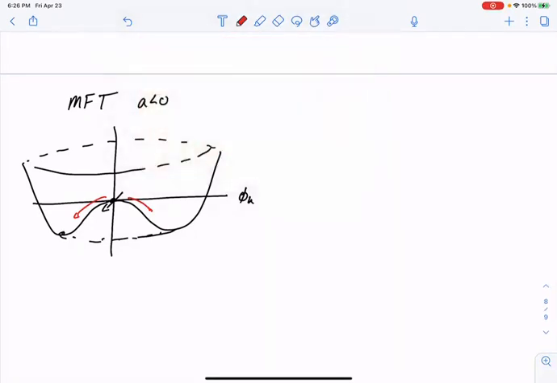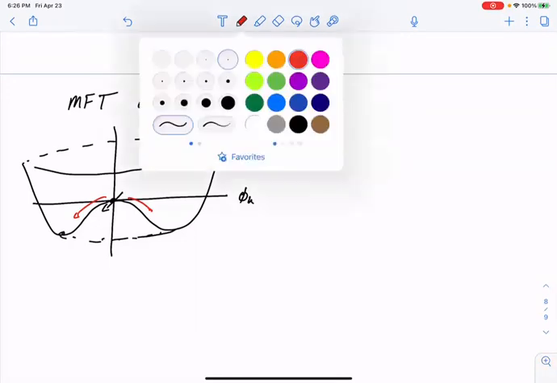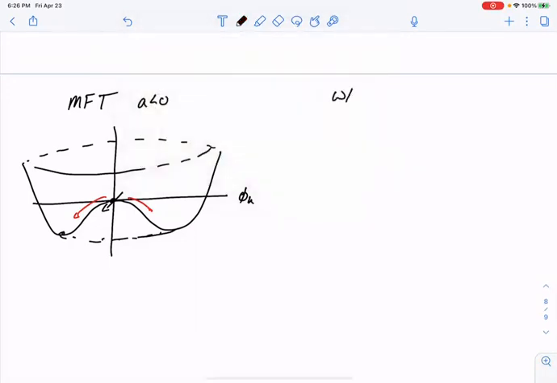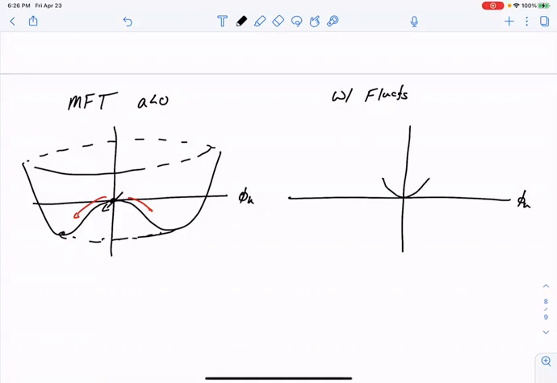However, within the fluctuation corrected theory, what we've just found is that A is always positive, which means there's local curvature about phi equal to 0, but it need not be the globally stable state.